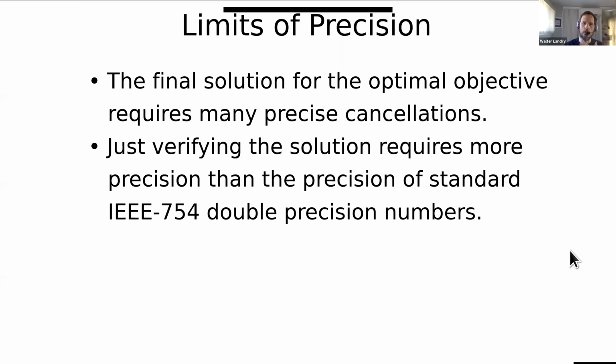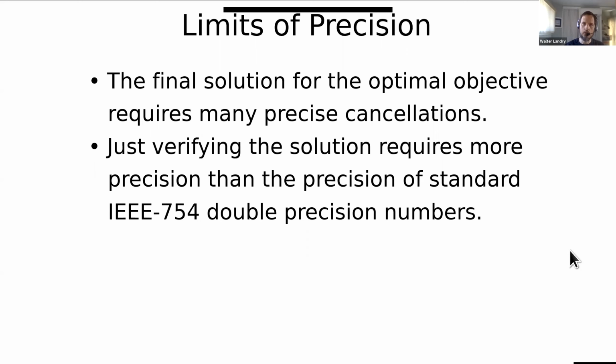These cancellations come from little b, which is independent of delta, and little y. So you're saying to evaluate the final objective function, right?